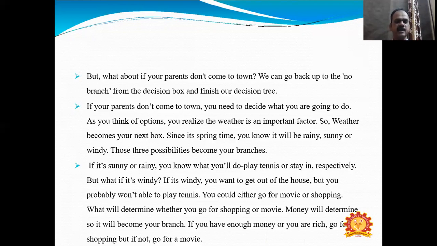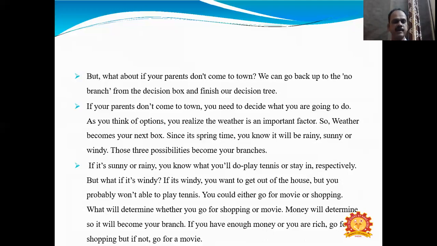If it's sunny or rainy, you know what you will do: play tennis or stay in, respectively. But what if it's windy? If it's windy, you want to get out of the house, but you probably won't be able to play tennis. You could either go for a movie or shopping. What will determine whether you go shopping or to a movie?